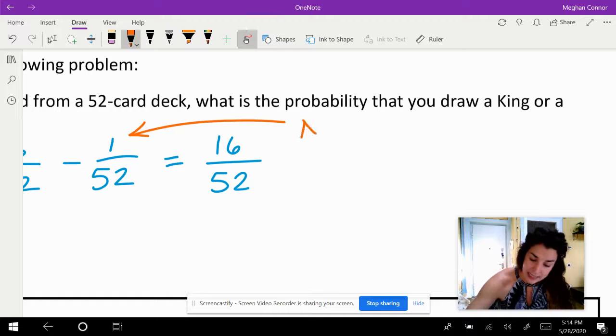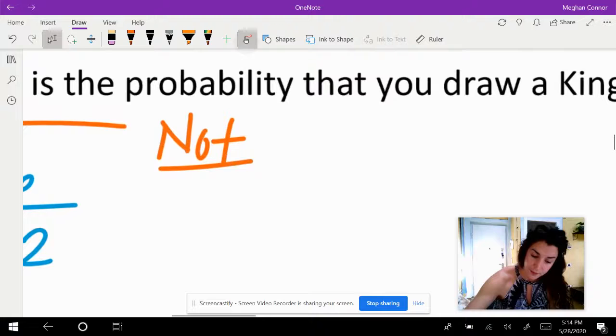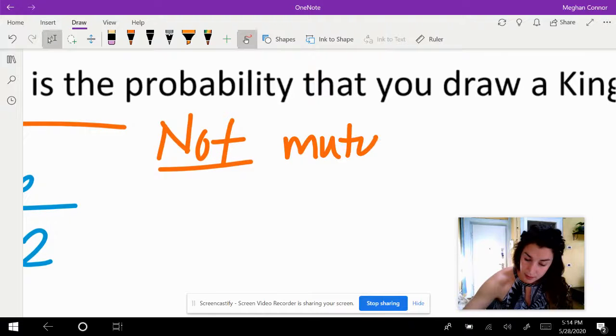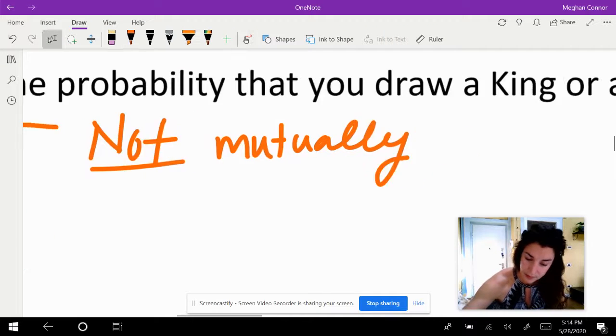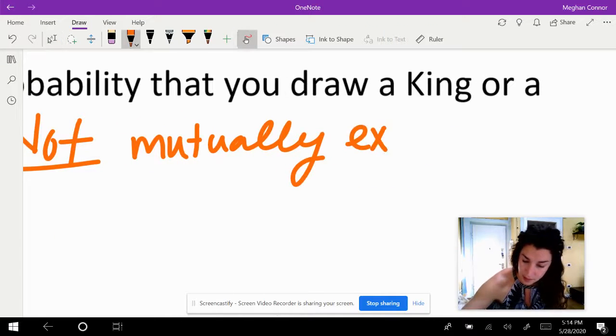That means that this is not mutually exclusive.